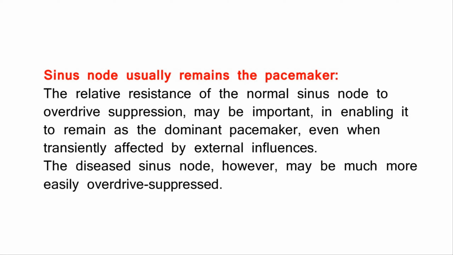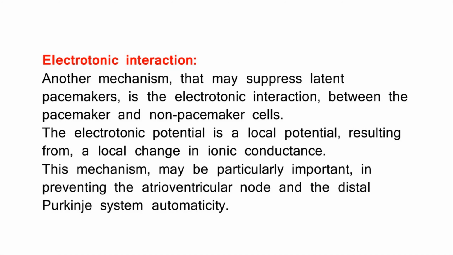The relative resistance of the normal sinus node to overdrive suppression may be important in enabling it to remain as the dominant pacemaker, even when transiently affected by external influences. The diseased sinus node, however, may be much more easily overdrive suppressed. Electrotonic interaction.